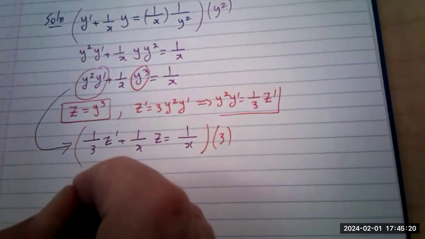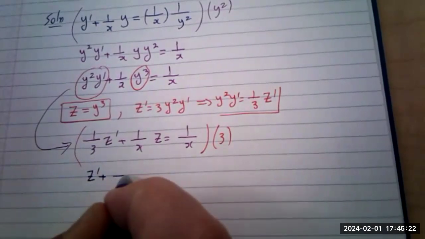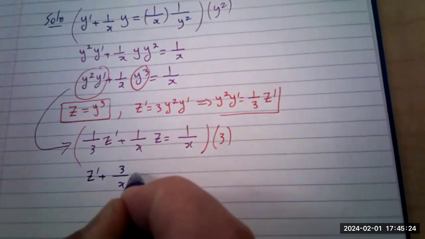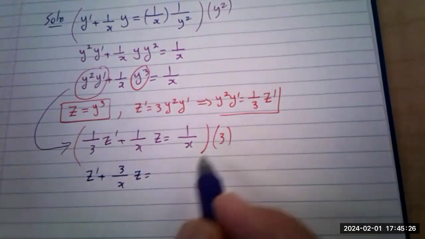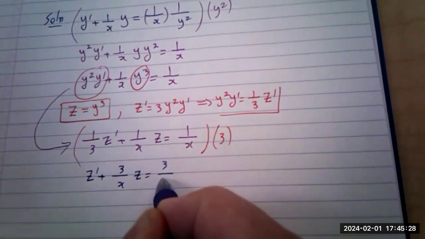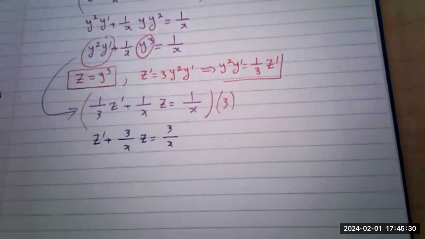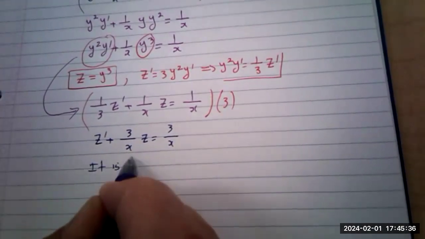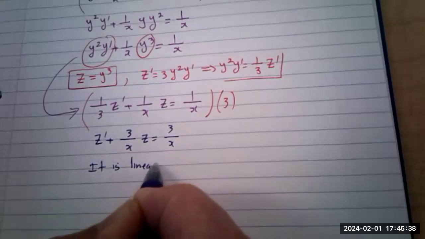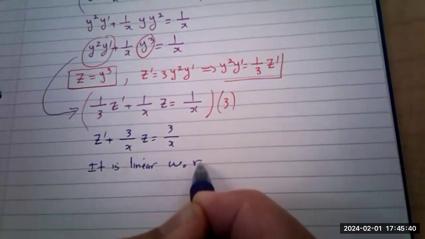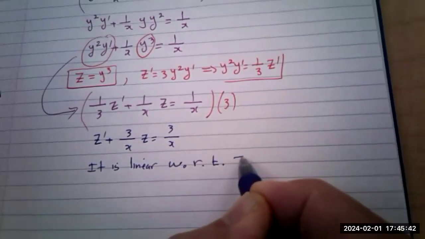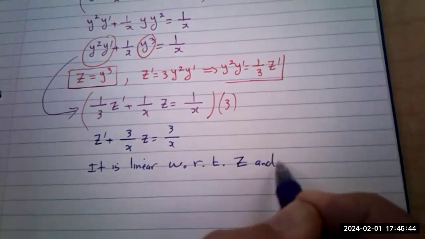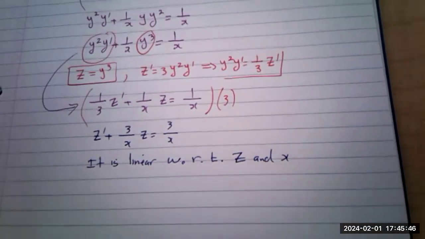So it's going to be z prime equals 3 over x z plus 3 over x. So this is a linear equation. It is linear with respect to z and x. Okay, that's the role of the Bernoulli equation. It's going to be converted to that.